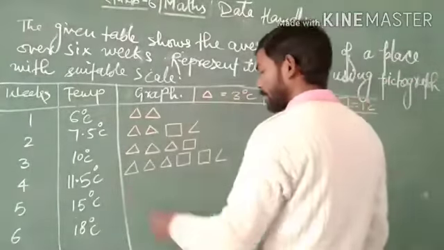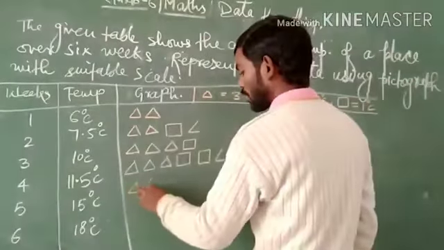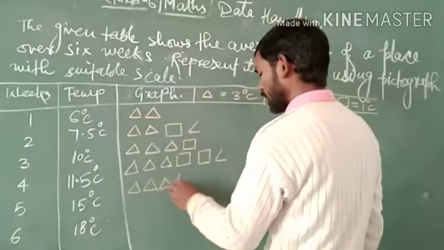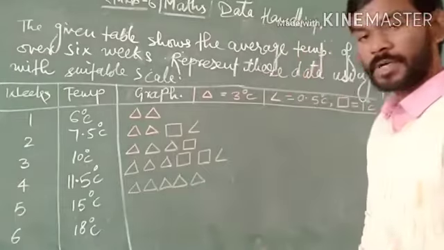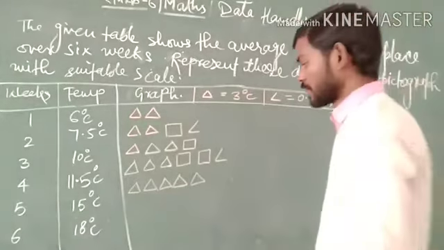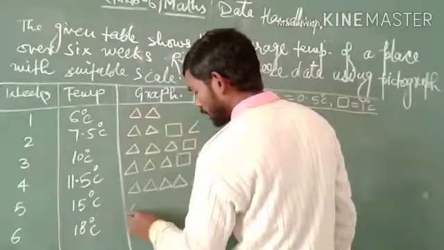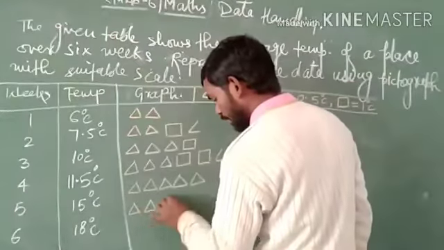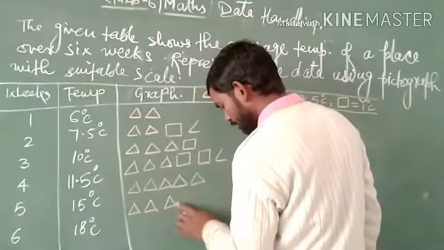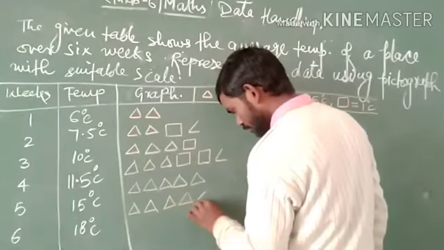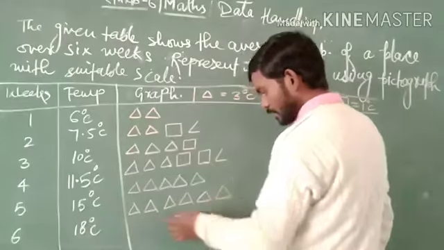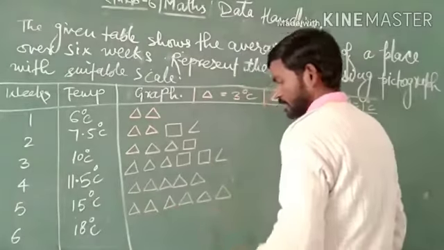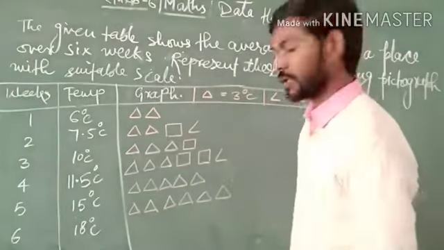For the next, that is 15, we draw only 5 triangles, and these 5 triangles will represent 15 degrees centigrade. Similarly for 18, we draw 6 triangles: 1, 2, 3, 4, 5, 6. 6 threes are 18.